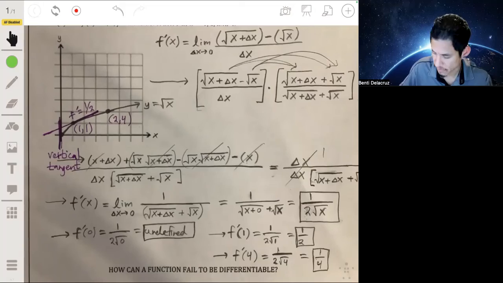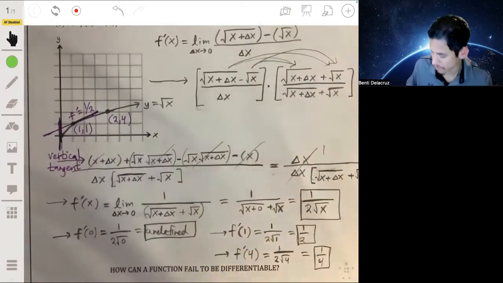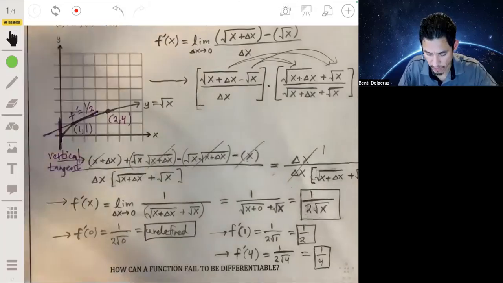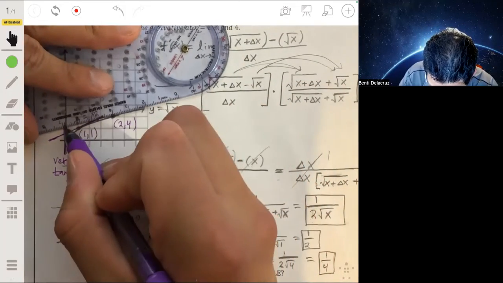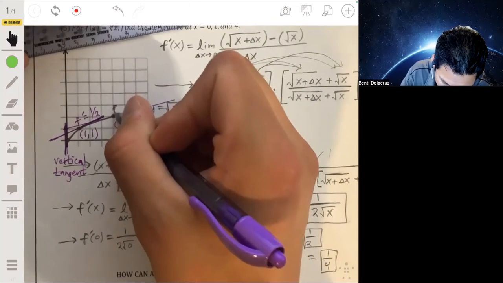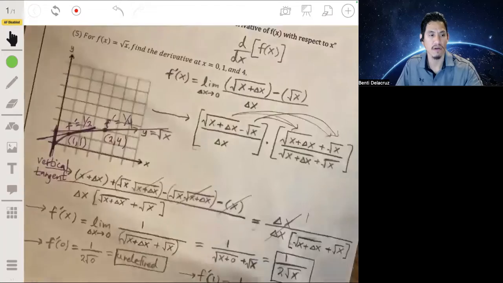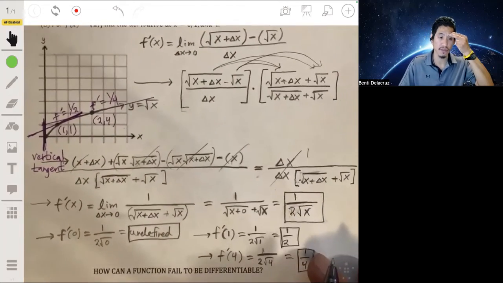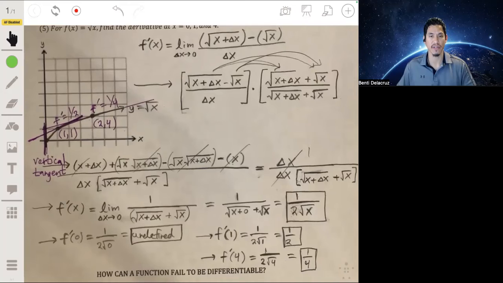So it'd be much less steep. If you want to get more precise, we would run it all the way across like that. F prime is 1/4. So let's always make sure to not lose our understanding of the concept behind the derivative when we're going through the calculations.